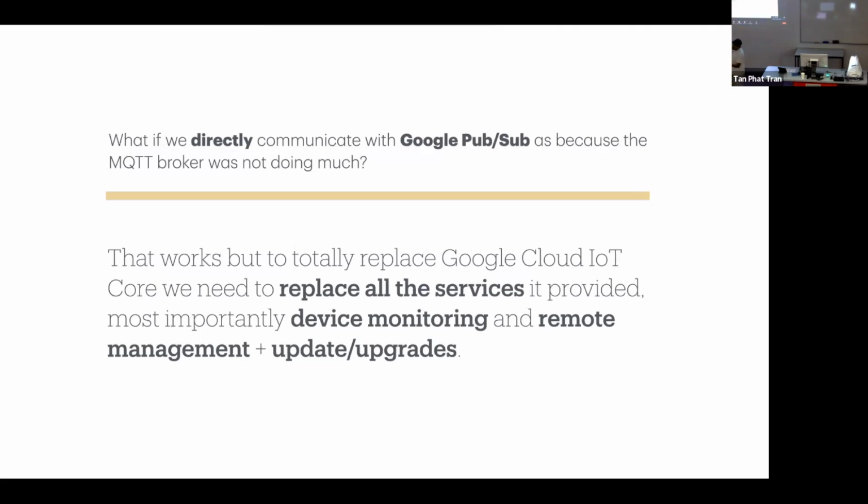That was okay, because that's almost the same thing. But the problem was the services that IoT was giving. It was not just an MQTT server. It was an MQTT server plus plus. There were a lot of other things that we cared more about.